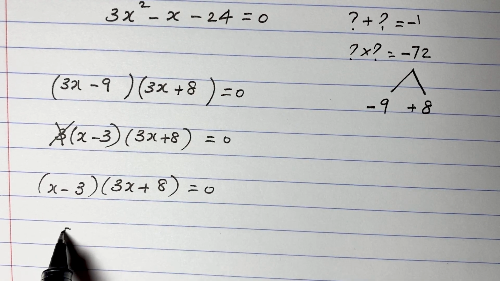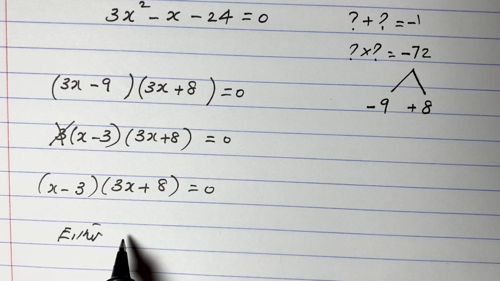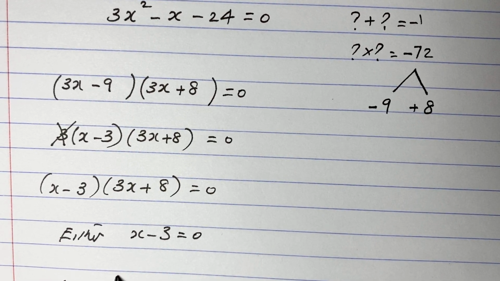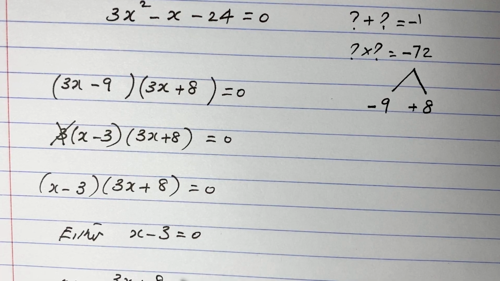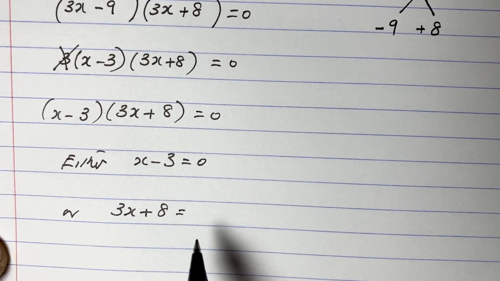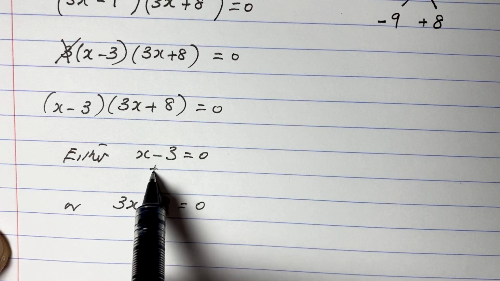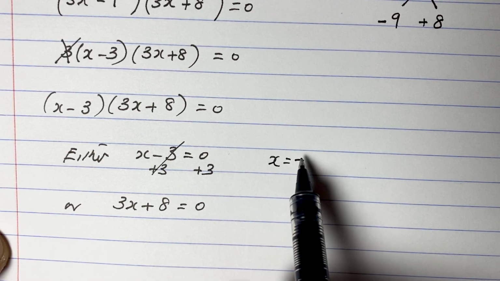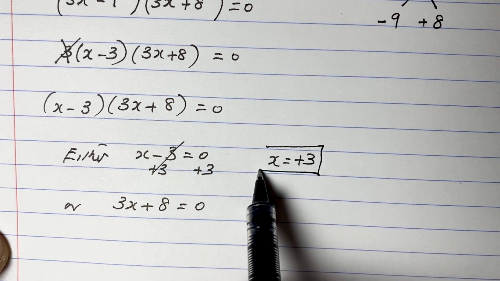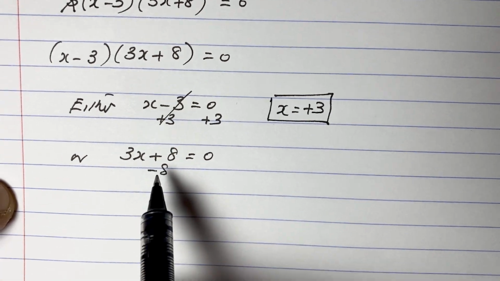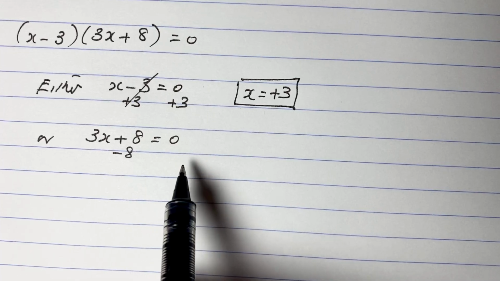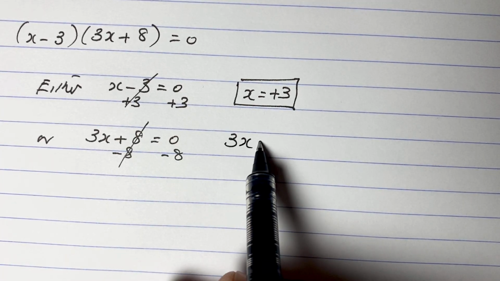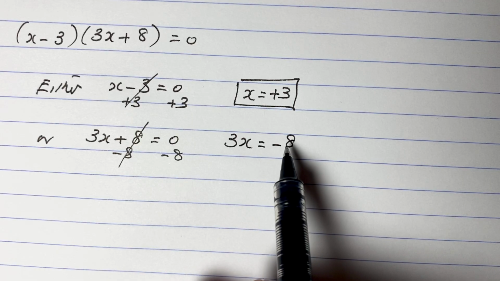So either x minus 3 equals 0 or 3x plus 8 equals 0. Here, balance, x equals plus 3 as one of my answers. Here, balance by putting minus 8 on both sides. 3x equals minus 8.